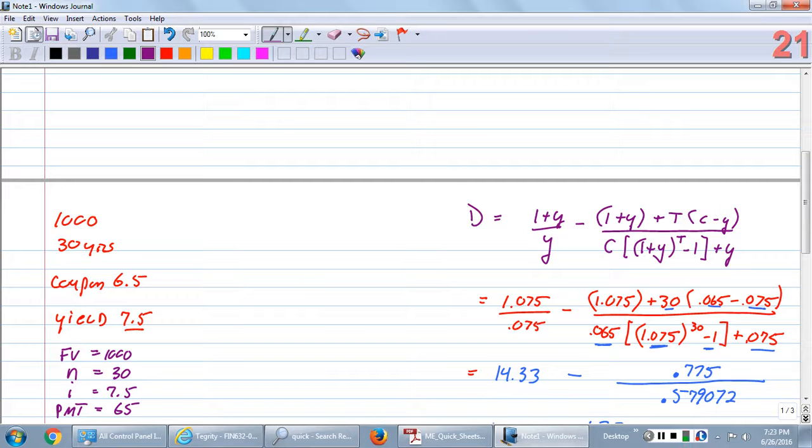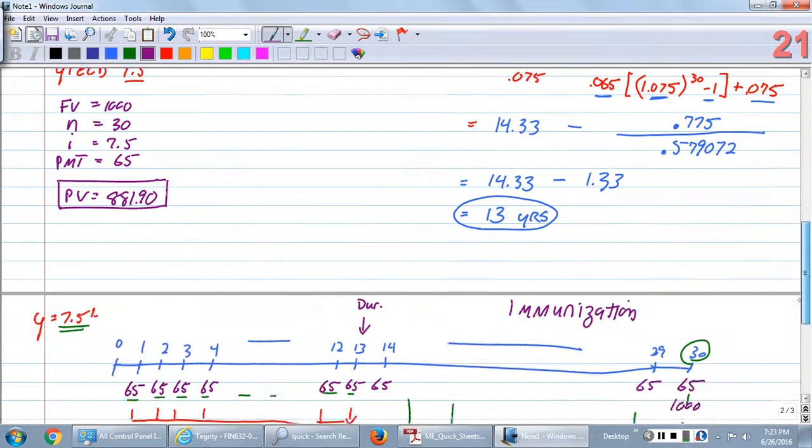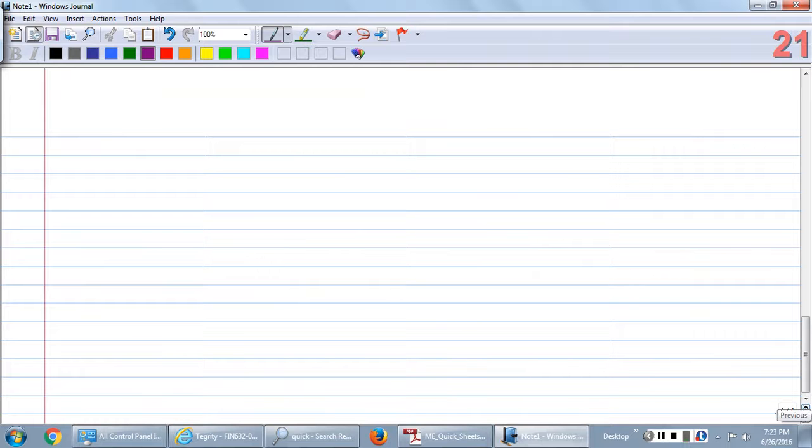Well, that's kind of what we're doing here with our bond portfolios, making sure we understand the different variables that can impact our bond portfolio. All right, so now what I want to do is show you another application of duration.